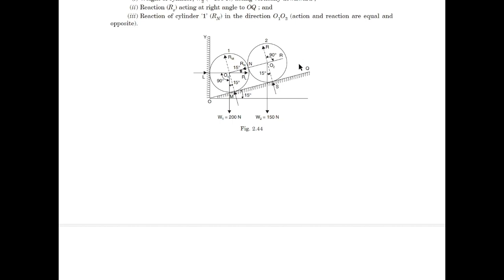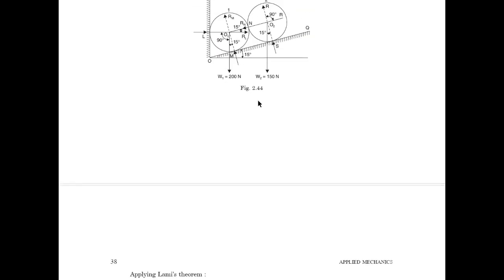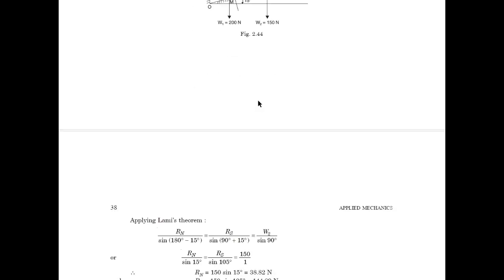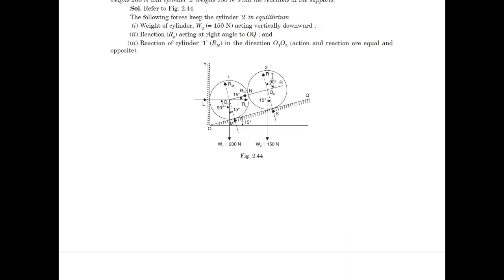For this force R, we will take the angle to be 180 minus 15, and for this one we can take the angle to be 90 plus 15, and the last one is W2 divided by sine 90, because the angle between this and this will be 90 degrees.